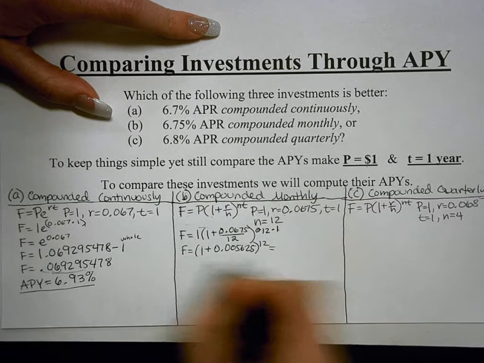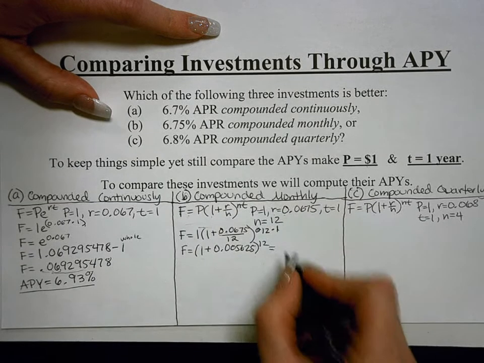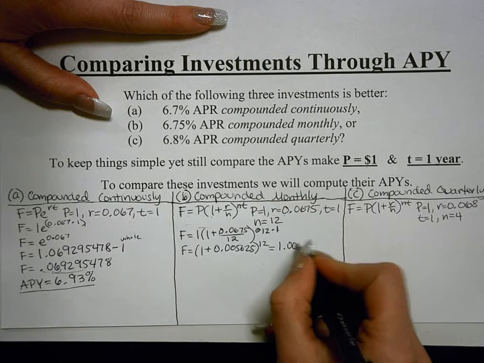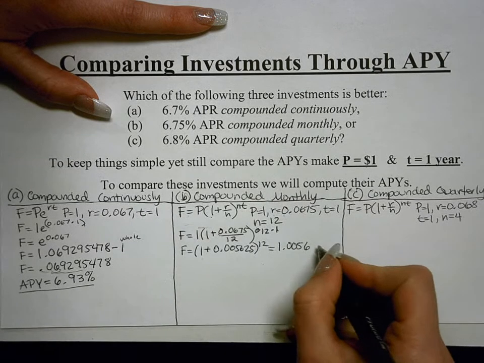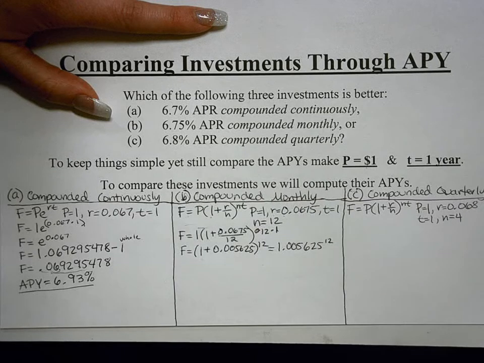And I'm just going to simplify this. The next thing we have to do is 1 plus all that, which is equal to 1.005625 raised to the 12th power.